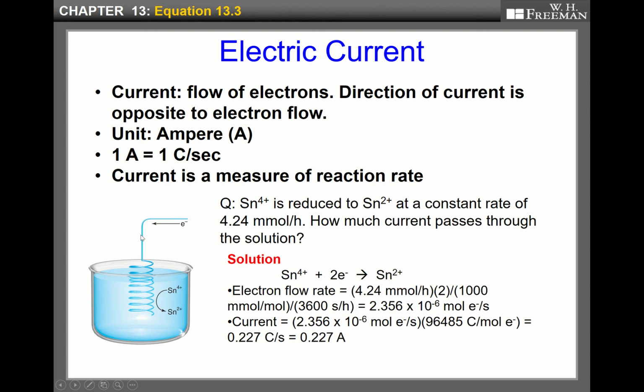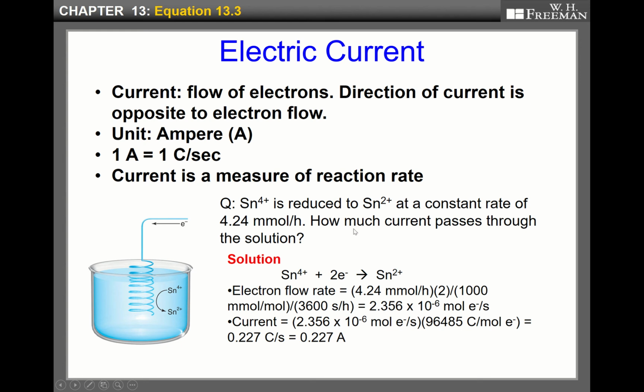I think this metal may be platinum, inserted in this solution containing the stannic ion, right? And then electrons go to the stannic ion, and this ion becomes stannous.